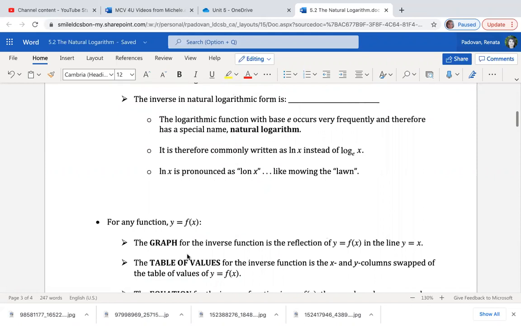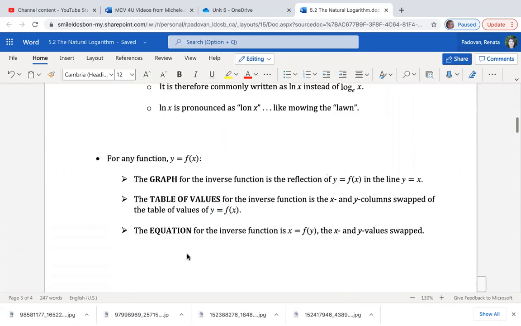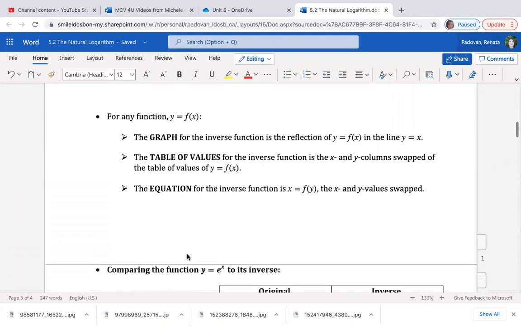So let's look at a table here for any function y equals f of x. We're going to take a look at the graph of the inverse function and how it's related to the regular function. Looking at the line y equals x, which is a diagonal line, the reflection line. We're going to look at a table of values for the inverse function.